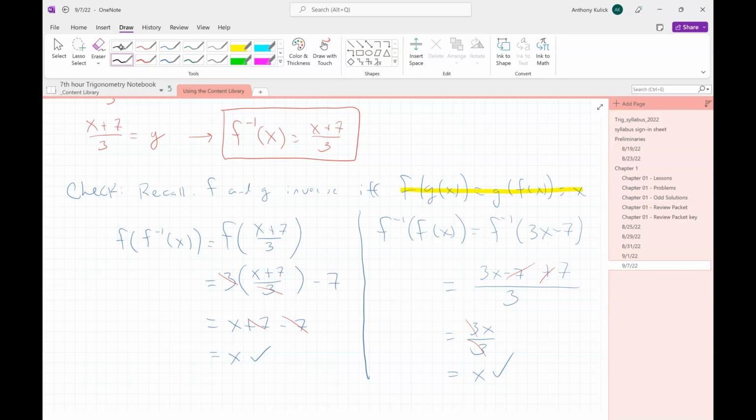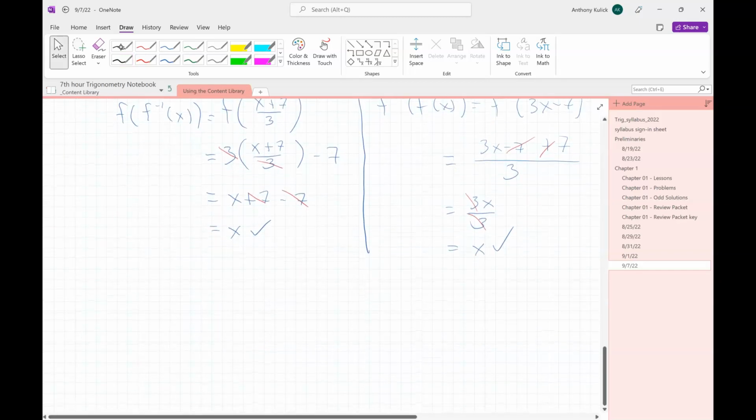Let's do a couple more examples because this is some good algebra review, right? Specifically, this getting x by itself part. It's been a little while since we've done any of that stuff.